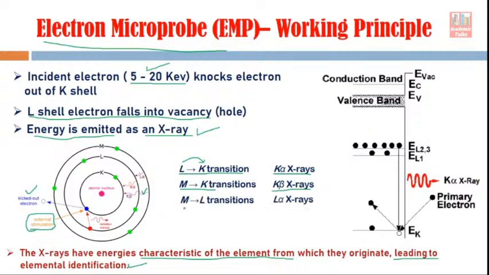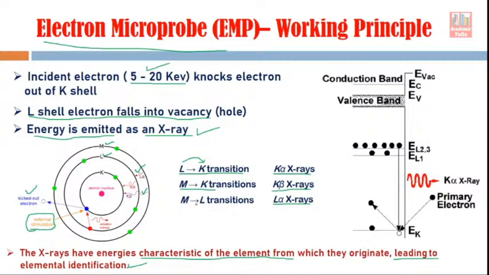Similarly, if the transition occurs from M level to L level, for example here this is the outermost orbit, M level, and this is L level. So if the transition occurs from this outermost orbit to this middle orbit, this transition is indicated here. That transition also involves emission of X-rays, and these X-rays are known as L alpha X-rays.